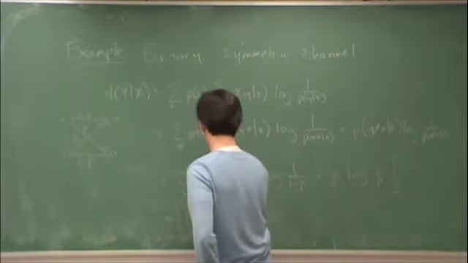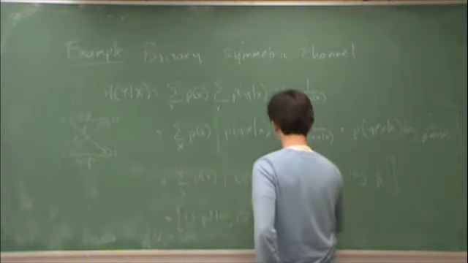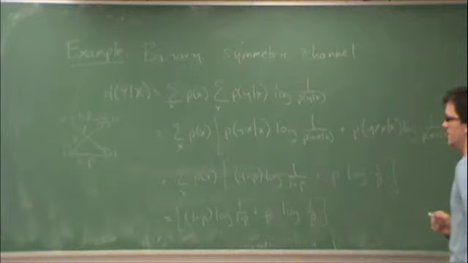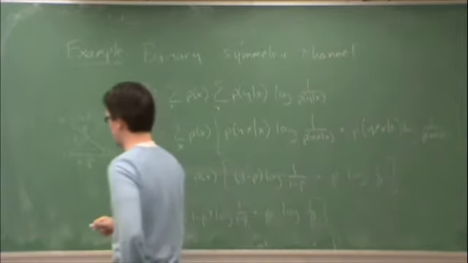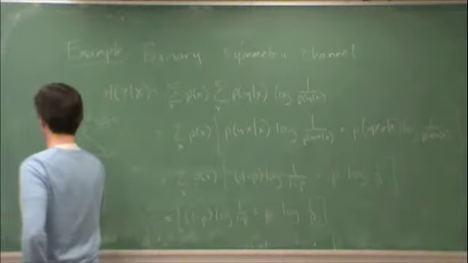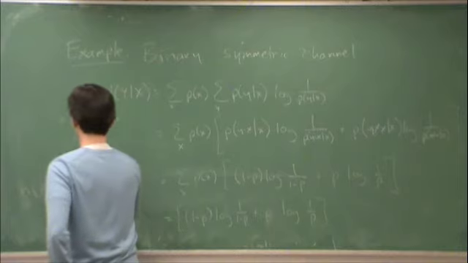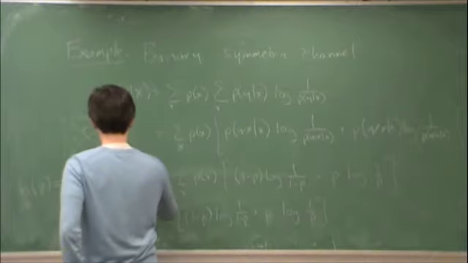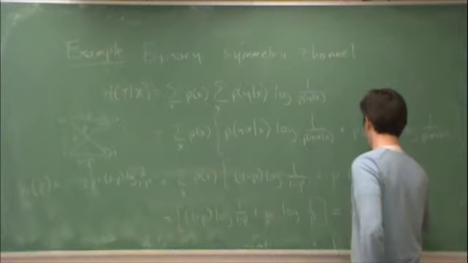So this is equal to (1 minus p) log 1 over (1 minus p) plus p log 1 over p. So that's regardless of the distribution of x. Remember last time we defined the function little h(p) as p log 1 over p plus (1 minus p) log 1 over (1 minus p). So therefore this is little h(p).